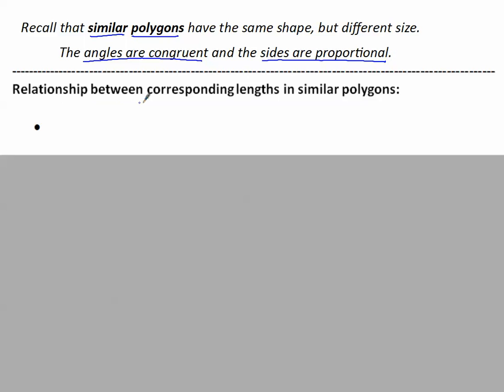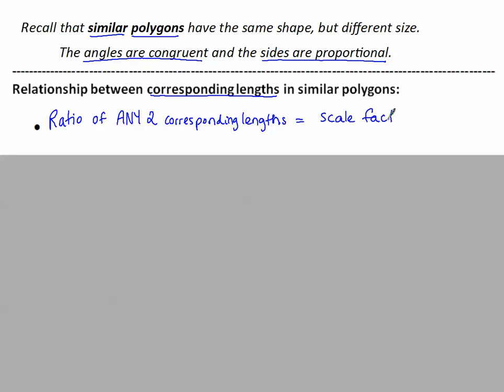The relationship between any corresponding lengths in similar polygons is that the ratio of any two corresponding lengths equals the scale factor. So you can take one side and put it over a corresponding side, and those lengths create a scale factor.